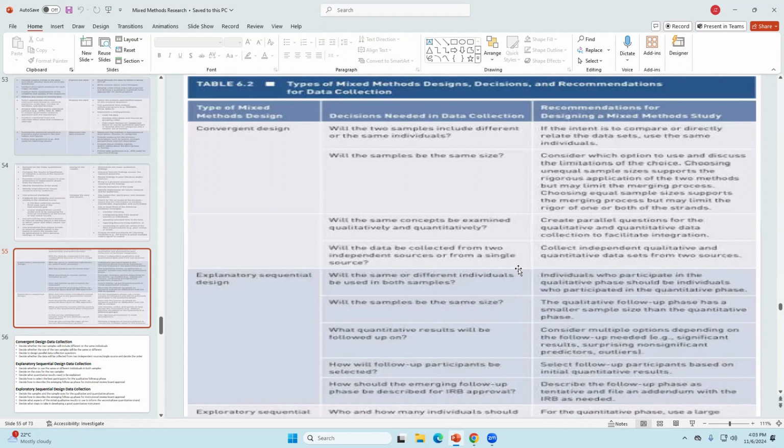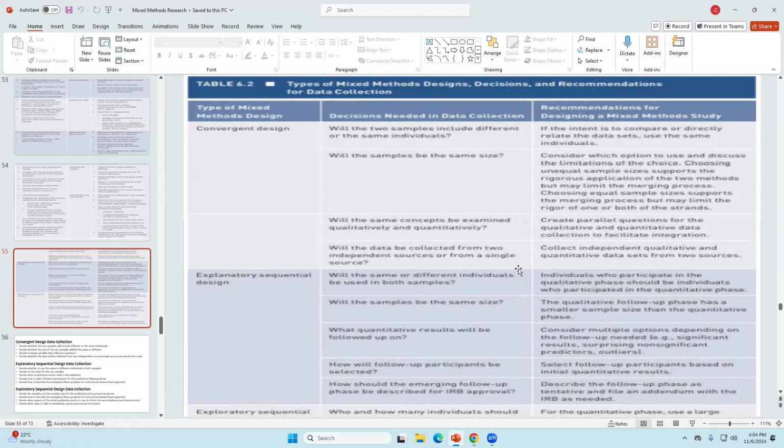So the summary is, if possible, use the same people, the same number of samples, and the same concept. If possible, use multiple participants, multiple perspectives, multiple samples, or triangulation.